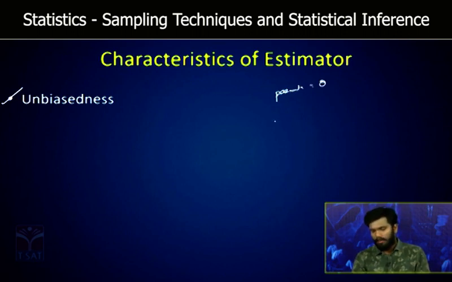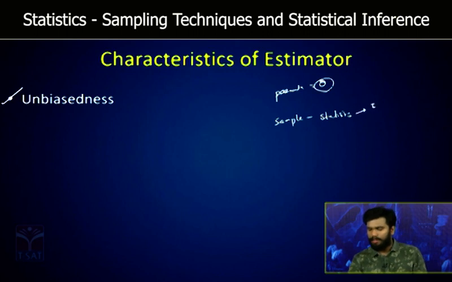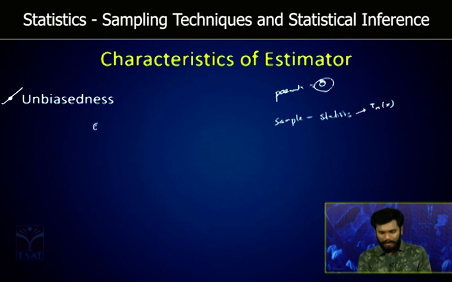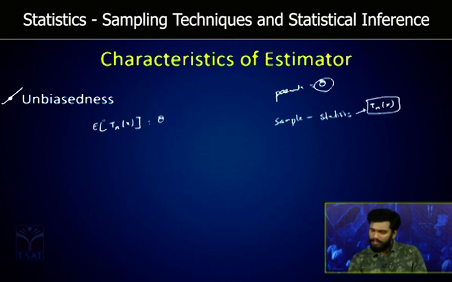Now I have a sample and I am finding the sample statistics. In order to find the parameter theta, I write the function Tn of x. Whenever I take the expectation of Tn of x, if it is equal to theta, then I can say that this estimator Tn of x is an unbiased estimator.